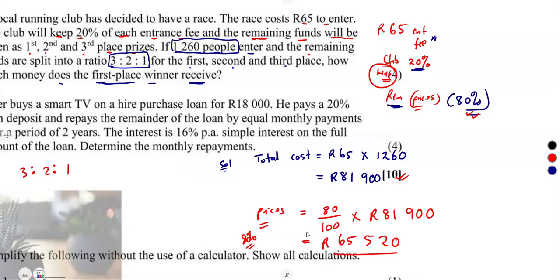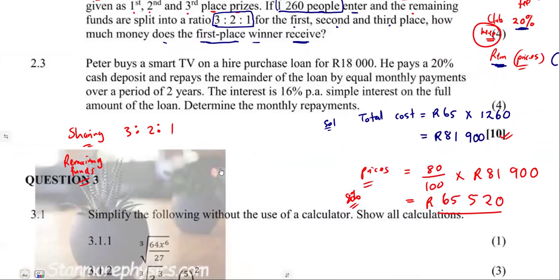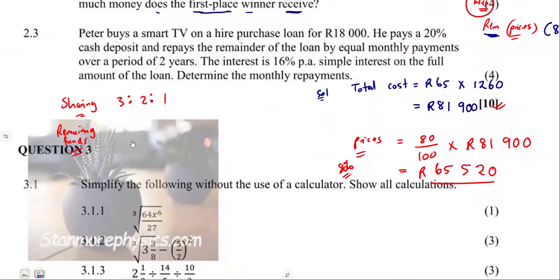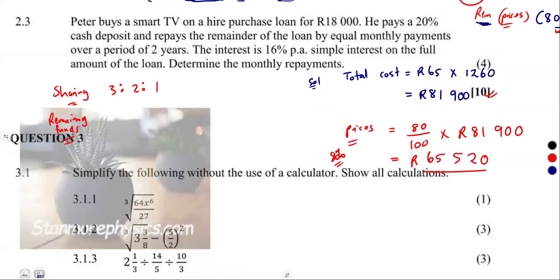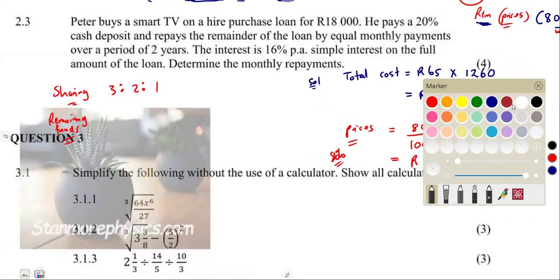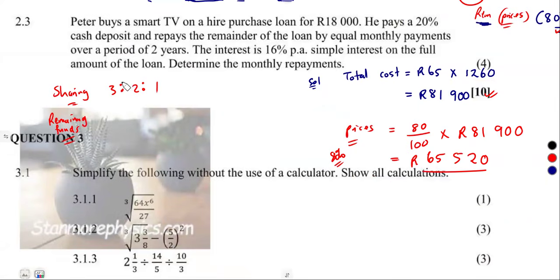This is the one that is taken for the prizes. The remaining amount is the one that we are going to share in this ratio. Remember, when you are sharing in a certain ratio, you must know the total ratio, because this is what you're going to share in total.